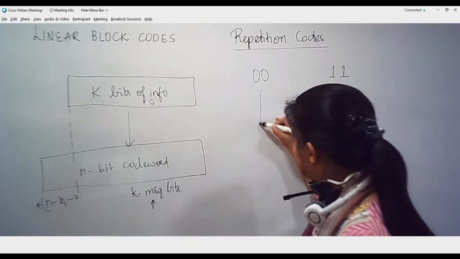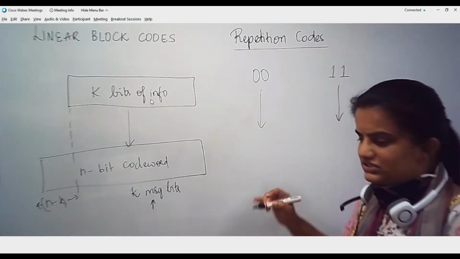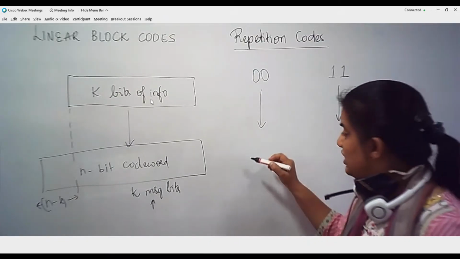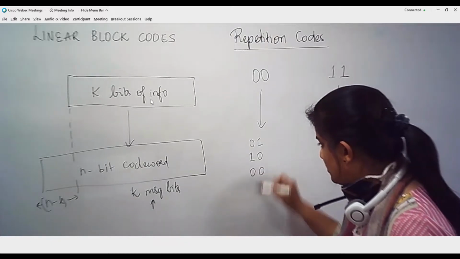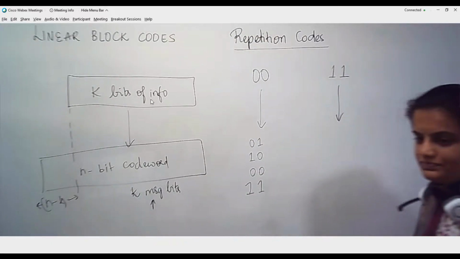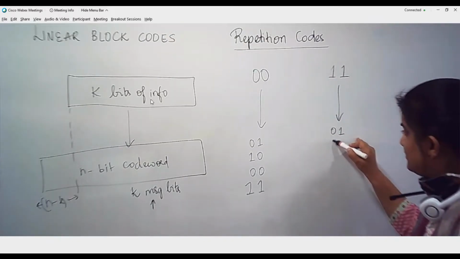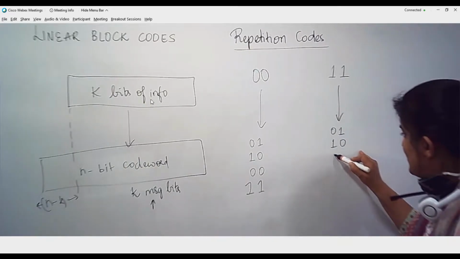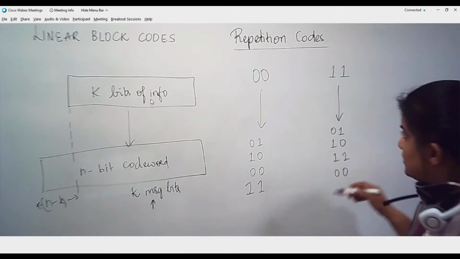When we send this, what is going to happen? Let us see. The possibility is one of the bits can go in error, and both the bits can also go in error. In this case also, one of the bits can go in error, and both the bits can go in error.